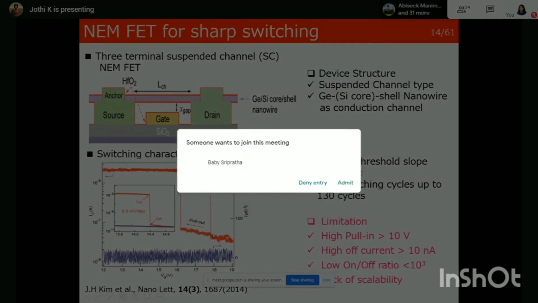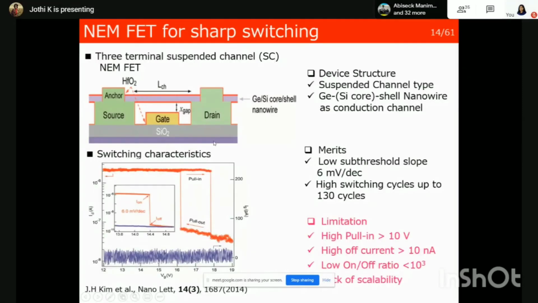Once you reverse the voltage, ideally it should reach the original position at the same point as pulling, but it actually does not happen. It happens at some different voltage. The difference between the on and the off is what we refer to as hysteresis, the same meaning as hysteresis in general physics.